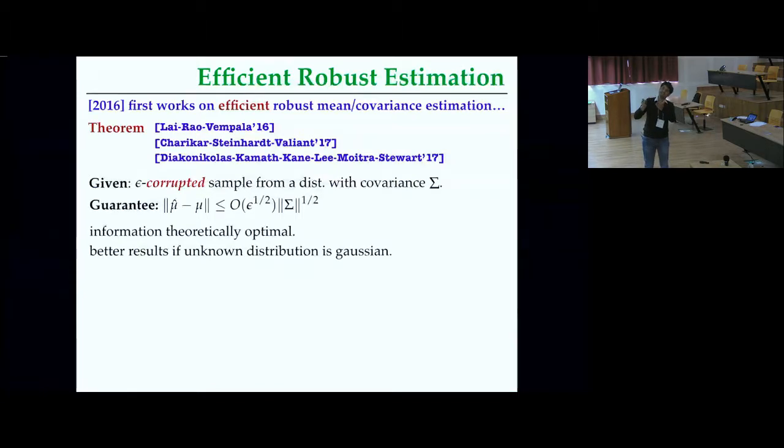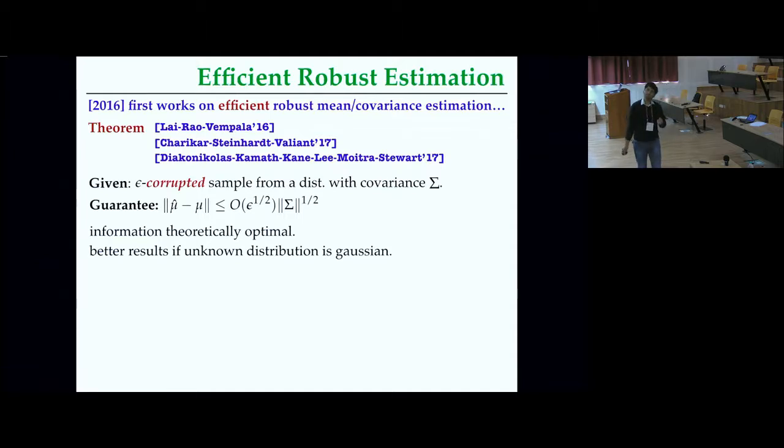So let me explain the result that I'm going to talk about for the rest of the talk. In some sense, it's the most basic result. And even though it's such a basic result, it required a sequence of 3 papers to get the right theorem. The theorem is the following. Suppose you get an epsilon corrupted sample from an arbitrary distribution with some covariance matrix sigma. The covariance matrix, as you already saw in Piyush's talk, is basically the pairwise correlations after centering with the mean. You don't really need to know sigma, but imagine that there is some parameter like that.